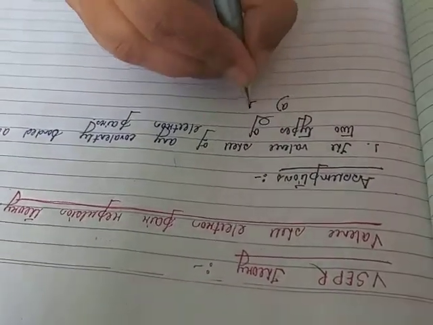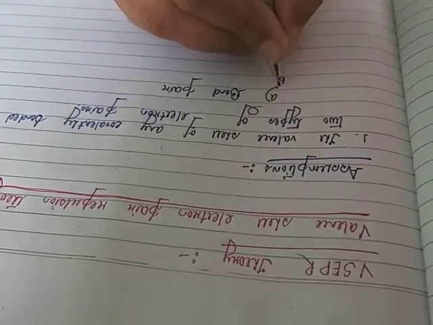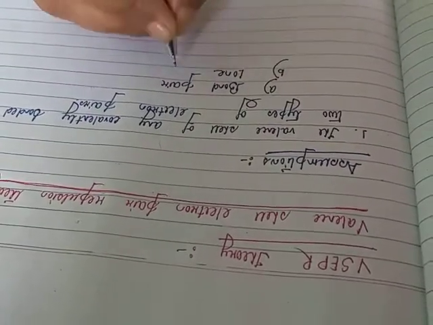One is the bond pair, another is the lone pair.